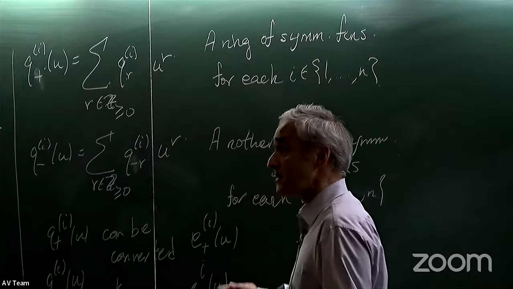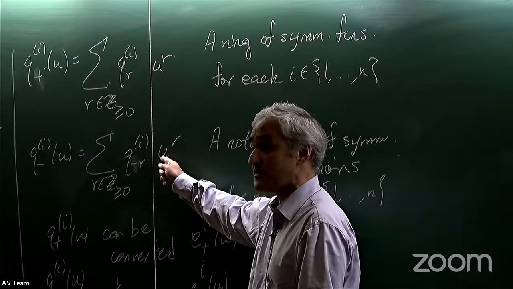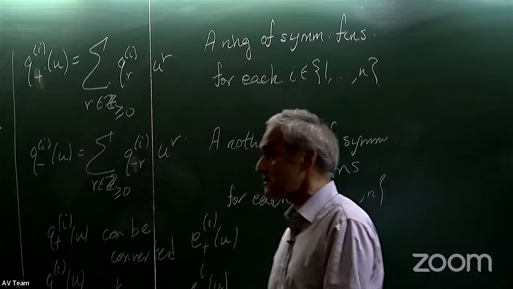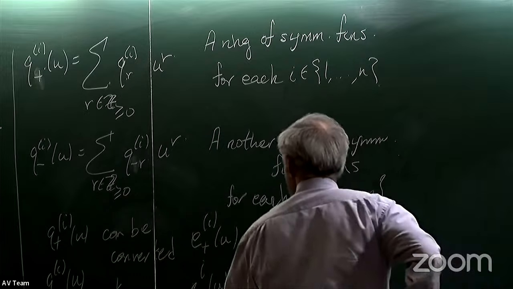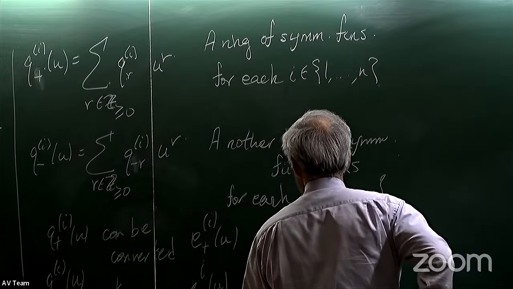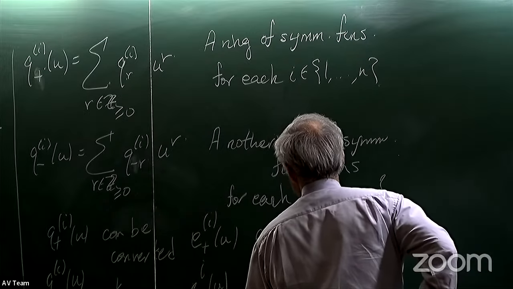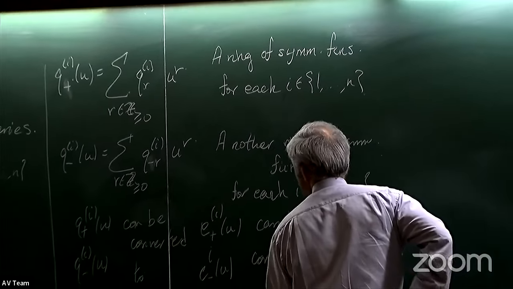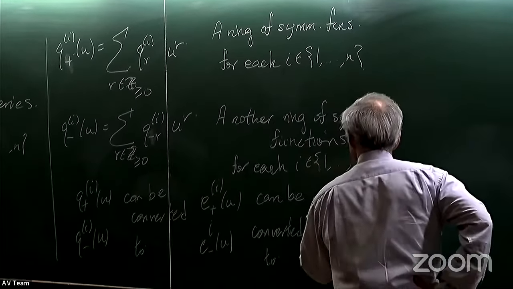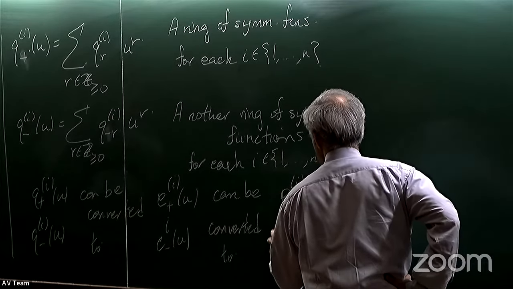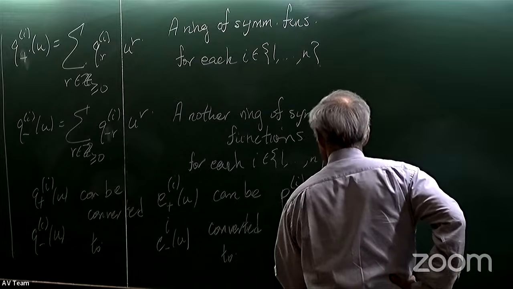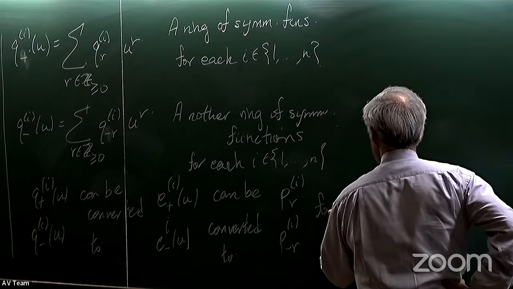So instead of thinking about the Q's as symmetric functions, you do some transformation to think about the E's, and that would give you a different set of generators. Or they can be converted to P's, p_{i,r} and p_{i,-r}.